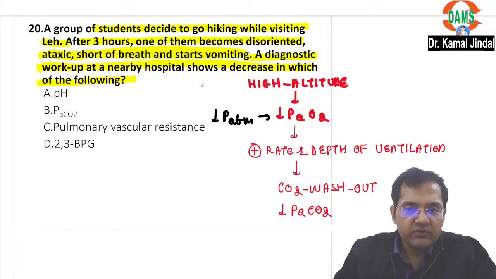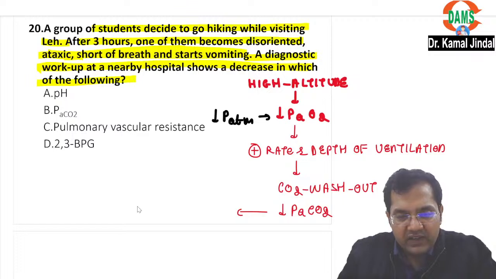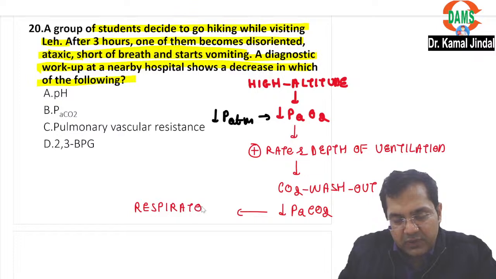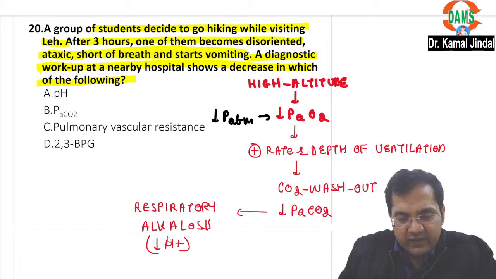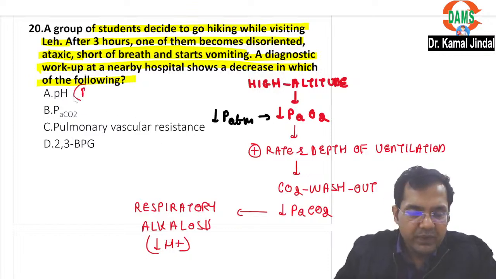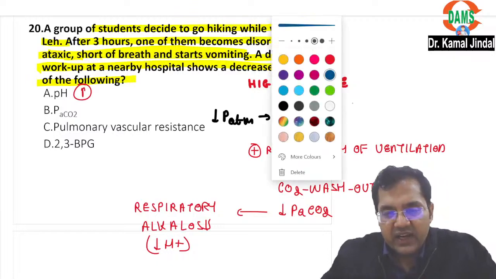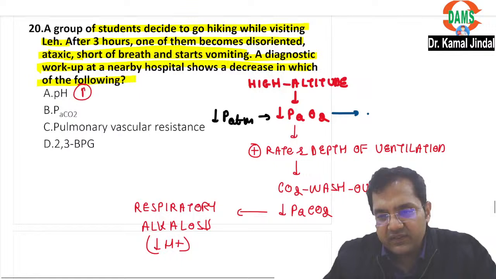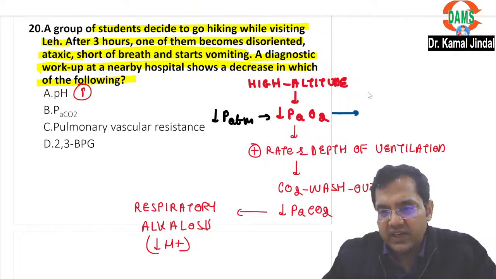So let's have a look. It shows a decrease. As the arterial CO2 decreases, you will have less H plus. That means you will have respiratory alkalosis, right? So less H plus, so pH will increase. Please understand that hypoxia only in the lungs causes pulmonary vasoconstriction.